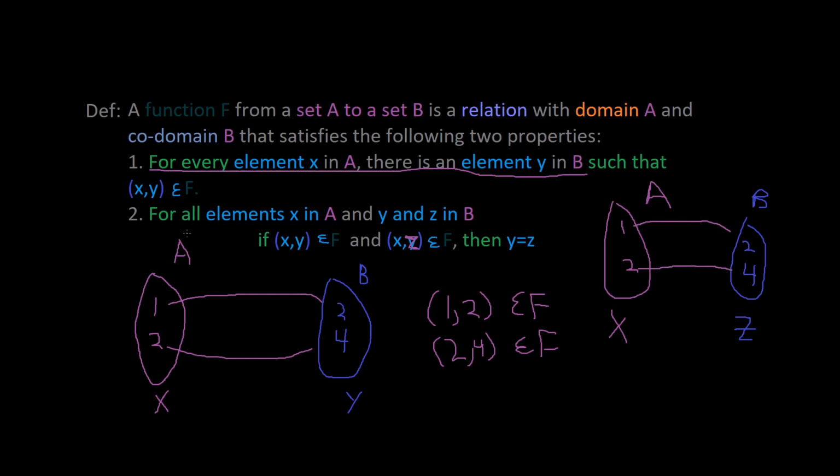So this is all this is saying. It says for all elements x in A, which is right here, and y and z right here in B, if x comma y is an element of f, and x comma z is an element of f, then y equals z. And so what's happening here? These are the same sets with the same given elements.